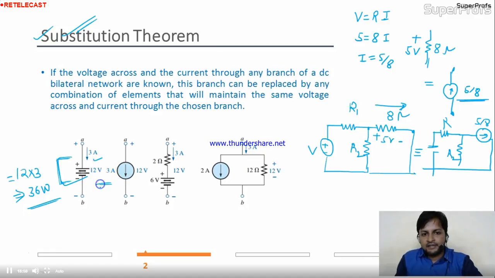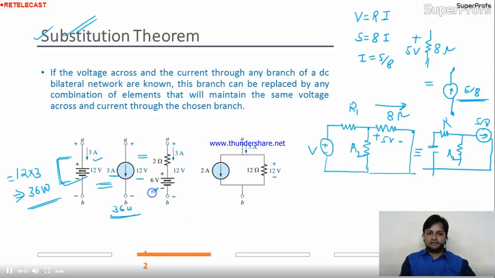So I replace this by this. The current is 3 ampere here, a current source, and the voltage across the current source is 12 volt. Here the power is 36 watt. Is there any change in the circuit parameter? No, not at all.